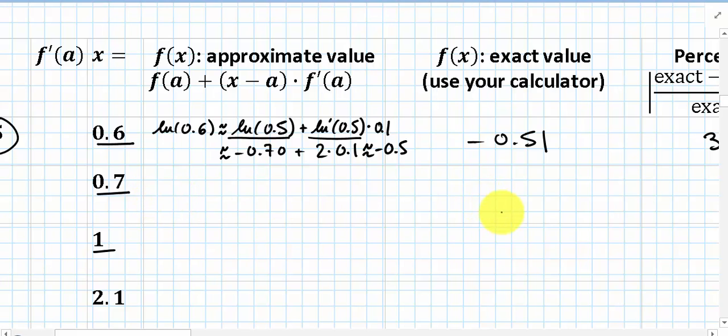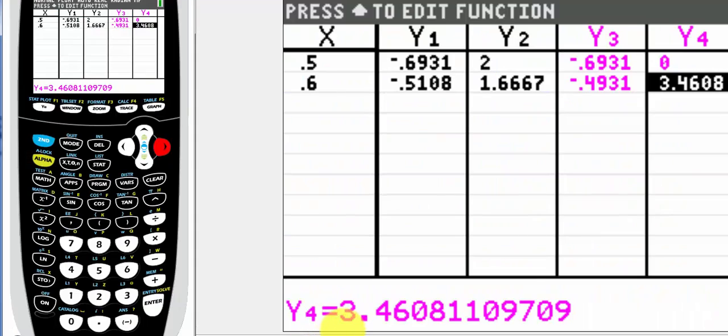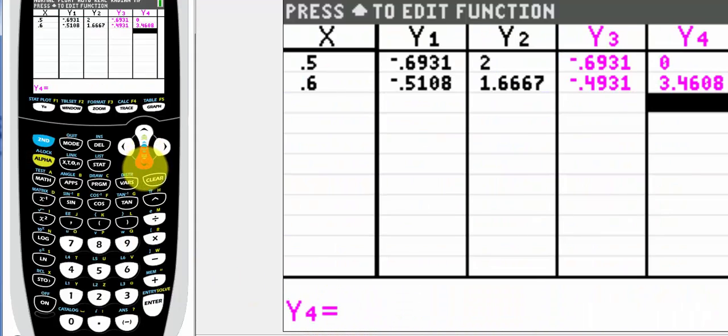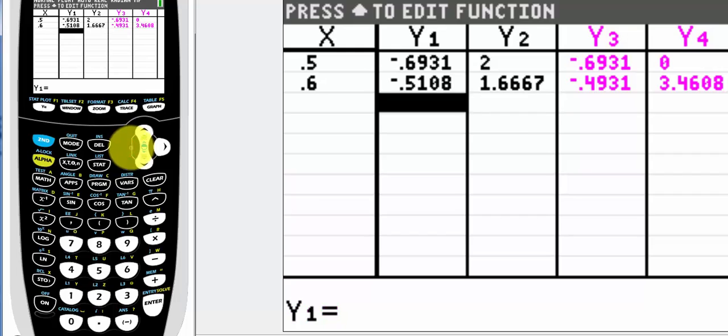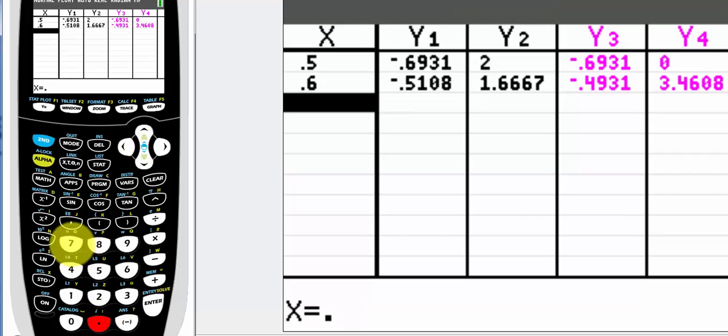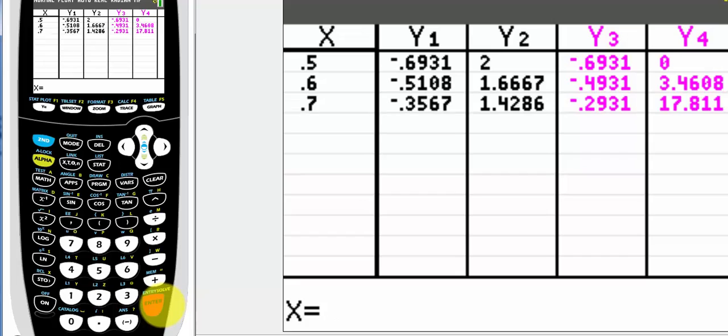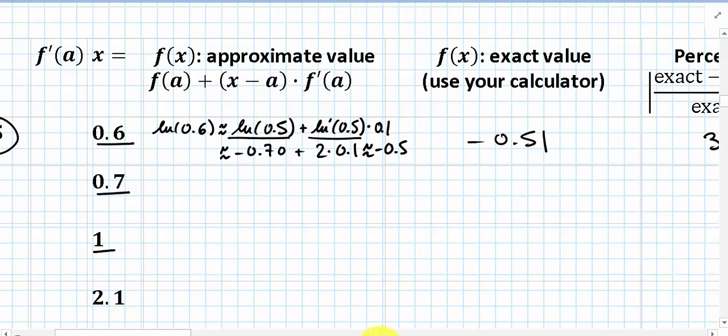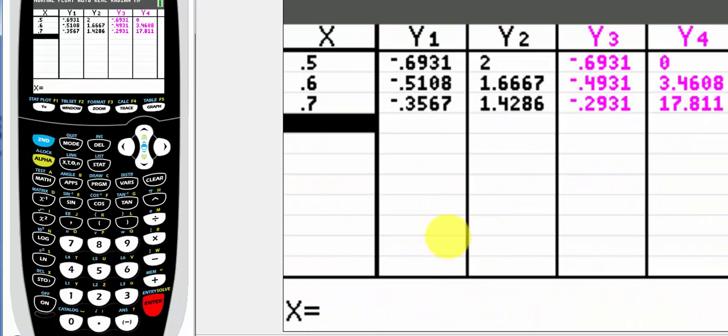And now with all these functions, it's going to be pretty simple to approximate the value at 0.7 and find the exact value. We're just going to look at the table, right? So let me go down right here, and let's enter 0.7. All right, so this is my exact value, negative 0.36, while the approximate value is about negative 0.293, so negative 0.29, right?